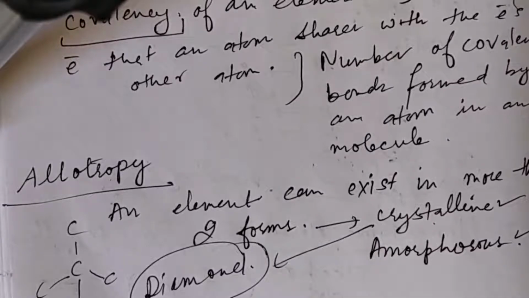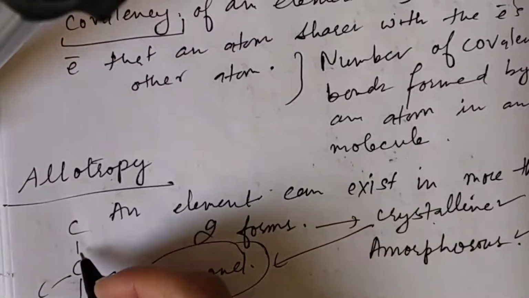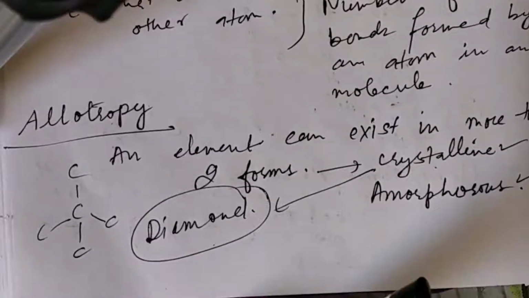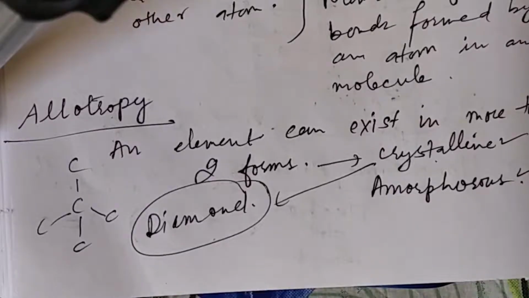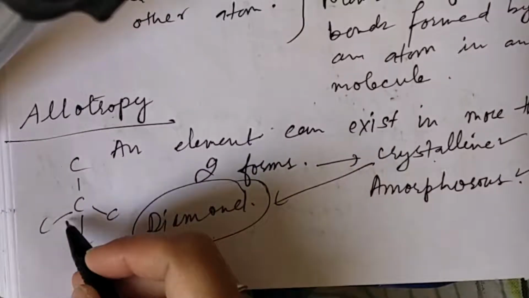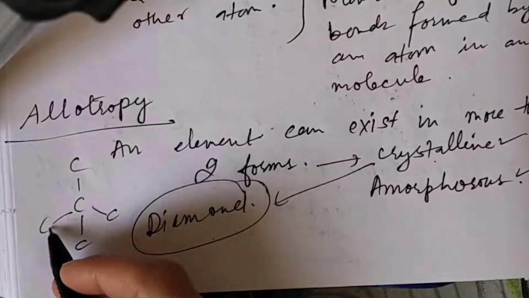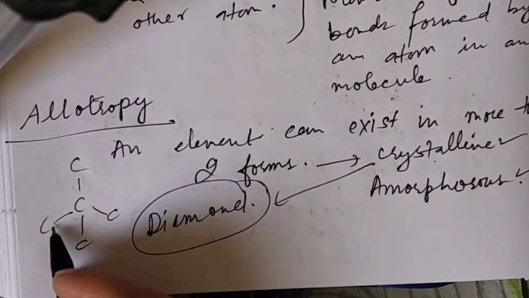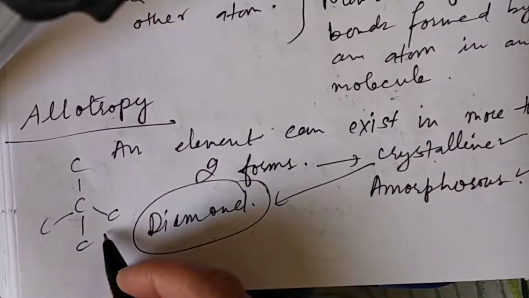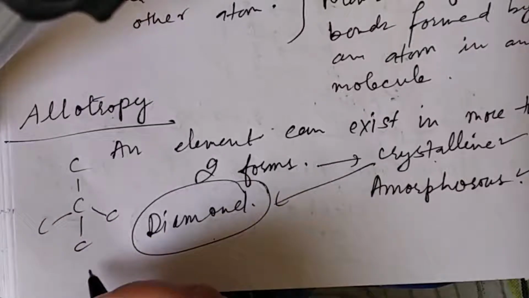Why do we study diamond? Diamond is basically a bad conductor of electricity, since all the 4 valence electrons are involved in covalent bond formation. No free electron or bond is there, so diamond becomes a bad conductor of electricity.